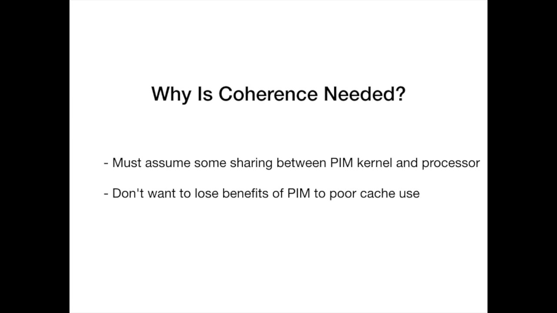Ideally, we could maintain coherence at a very fine-grained level, such as with MESI, but that's unrealistic for PIM applications because it would require sending a lot of messages back and forth, which we're trying to avoid. And if we use cache poorly, then it'll offset the gains of using PIM in the first place.